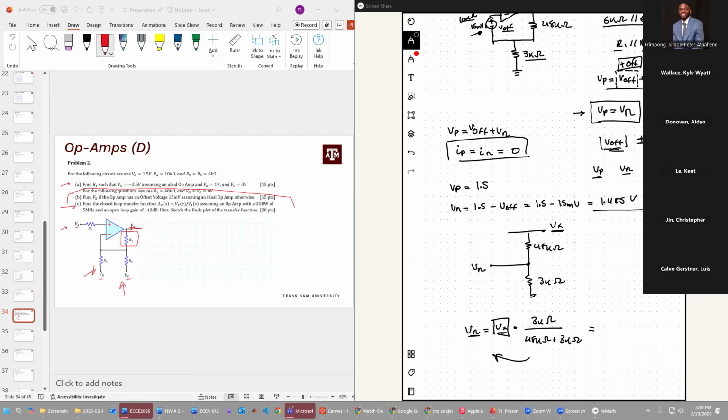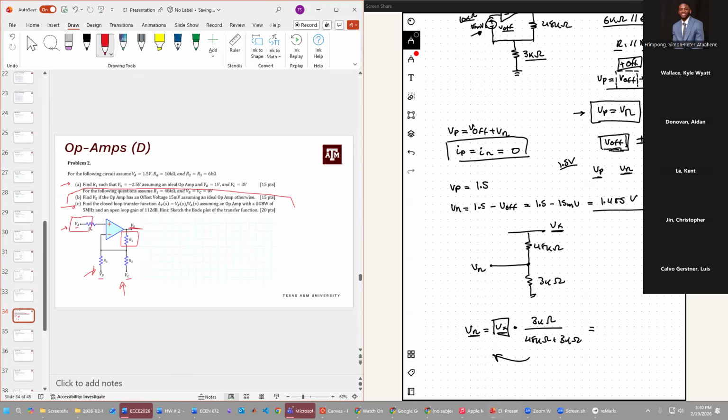The voltage drop between them is not going to be exactly the same. So the negative terminal gets shifted slightly because of the offset that they define in this problem. In this case, it's 15 millivolts. And the 1.5 volts comes from the source, right? It comes from VA.